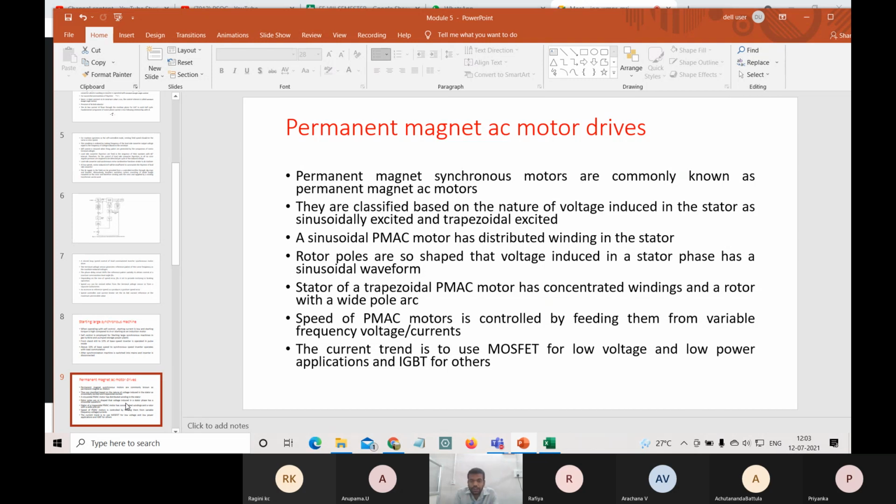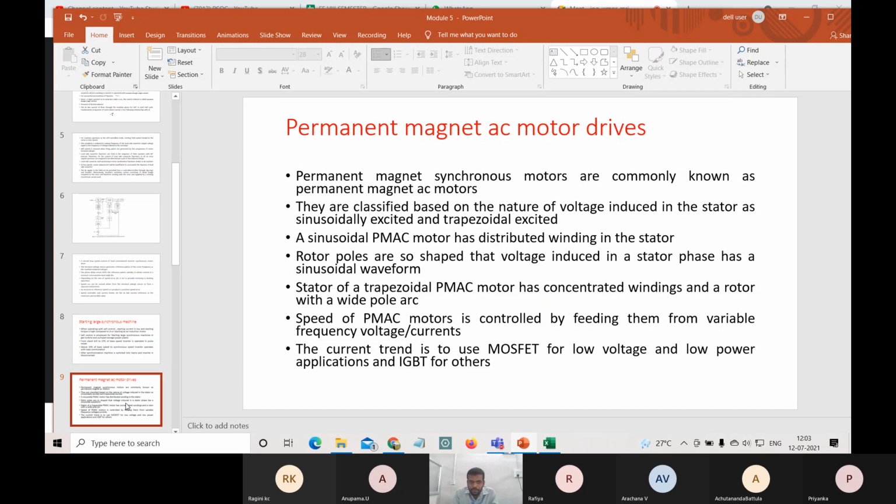Similarly, if you say trapezoidally excited, that means the induced voltage has a trapezoidal waveform.